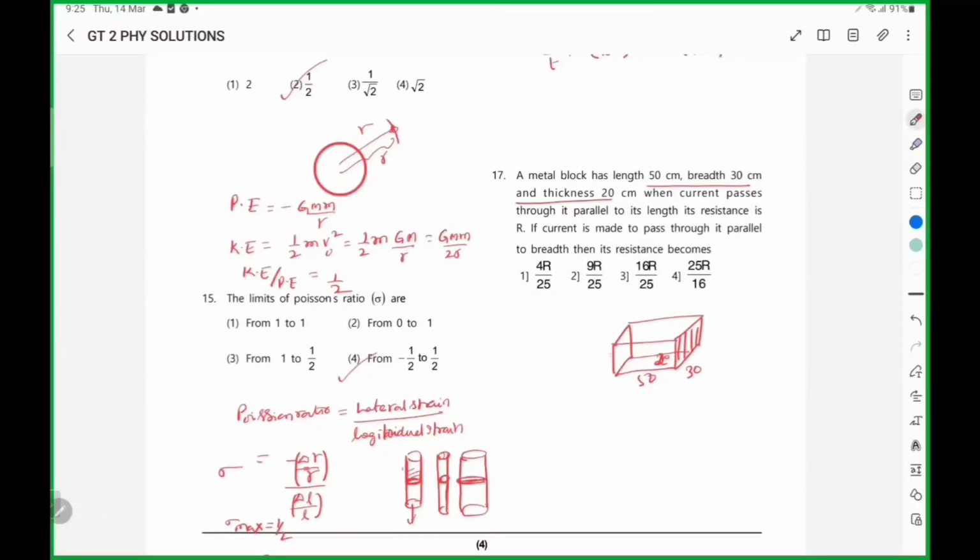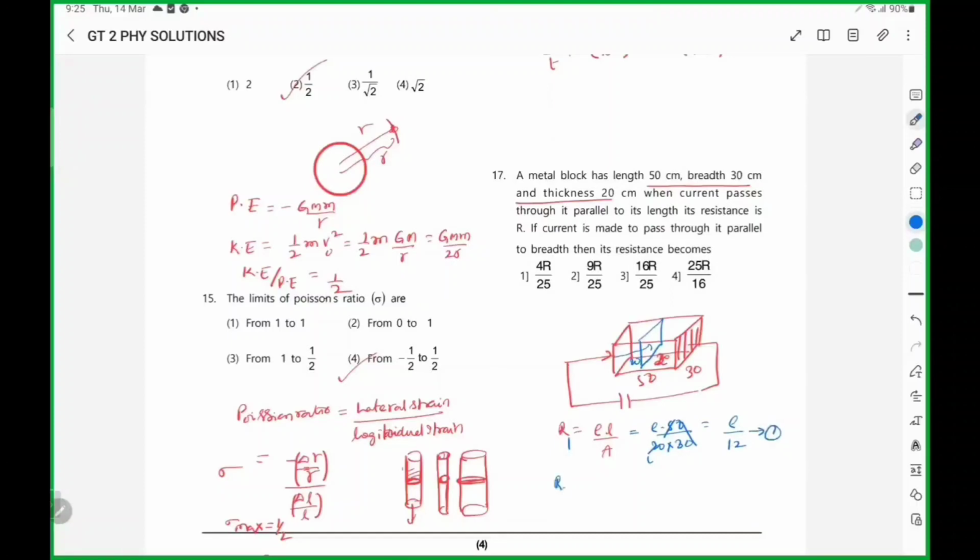When current passes through parallel to the length like this, what is its resistance? Rho L by A. Your cross-sectional area will be this when current passes. Rho L here is 50. Area is the dimensions 20, 30. So rho by 12.